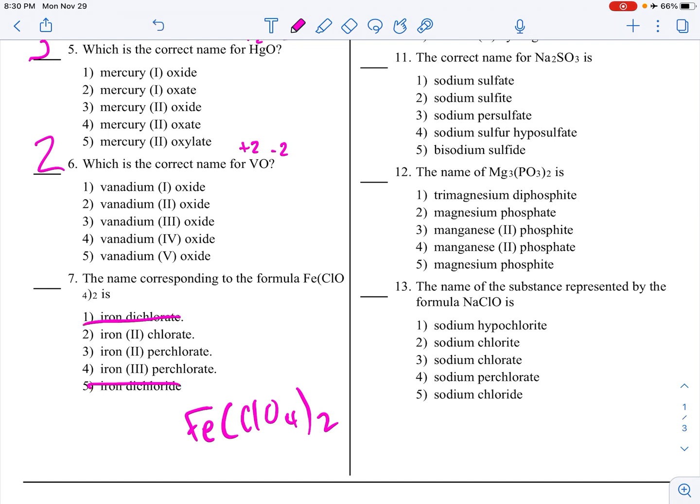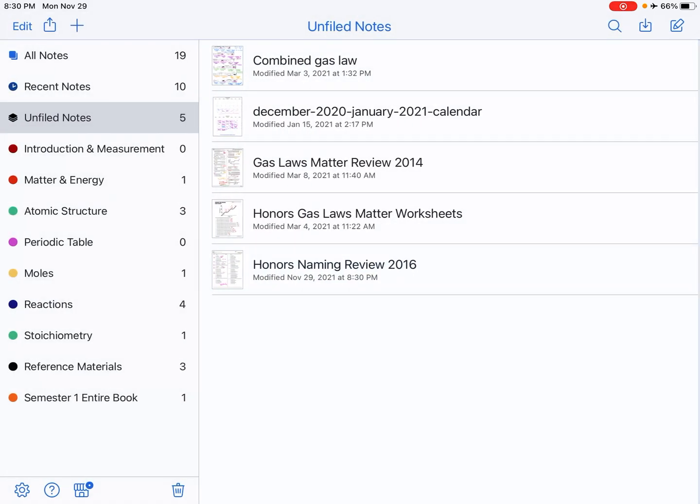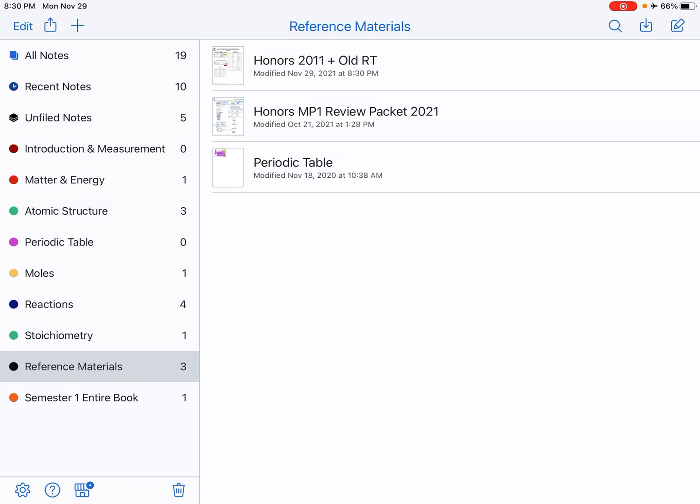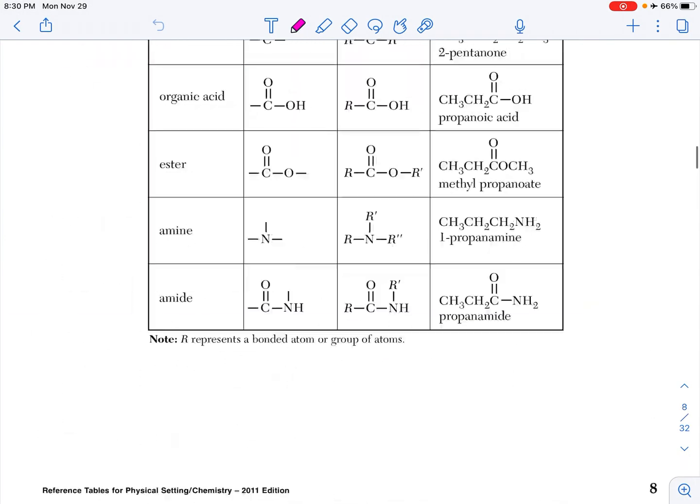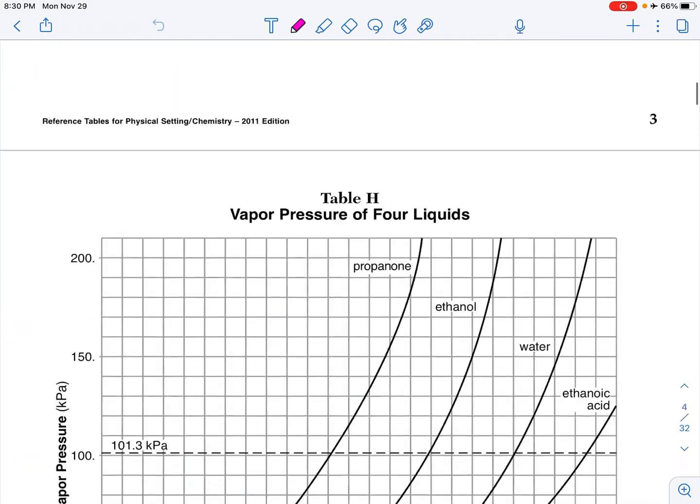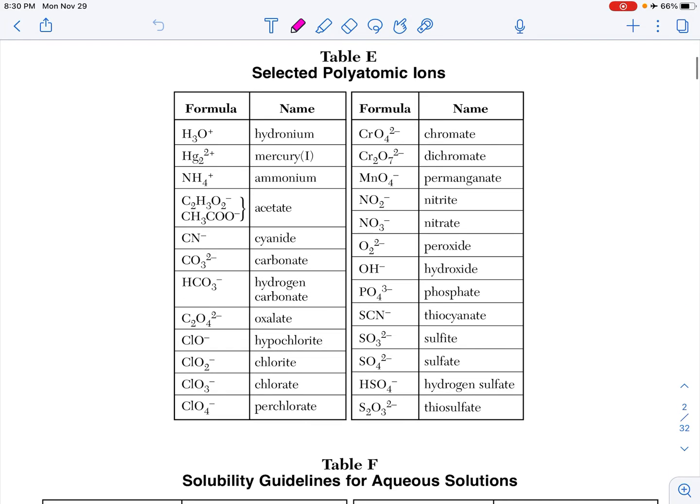So now we can crisscross them up. We could say +2, and hopefully ClO4 is a -1. I should probably check that. ClO4. Yeah, it is a -1, perchlorate.